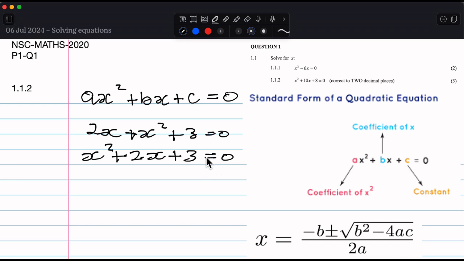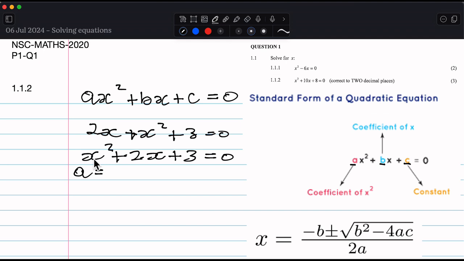Now, how do we identify our a, b, and c so that we can substitute into the quadratic formula? The a is the coefficient of x squared, b will be the coefficient of x, and c represents the constant term. So if we were to identify our a, b, and c for this particular equation, a is equal to, now, we have a problem here.